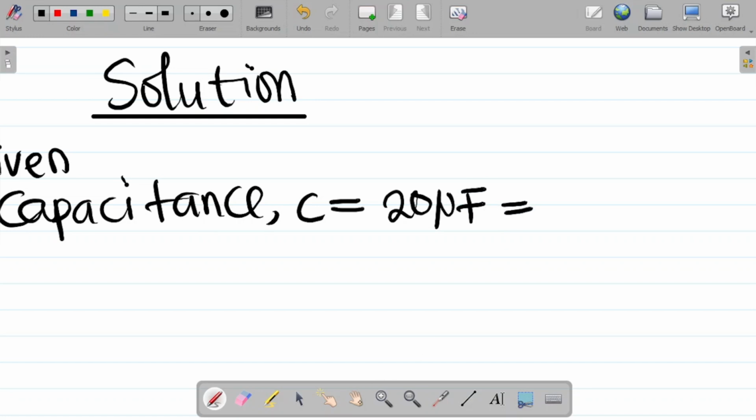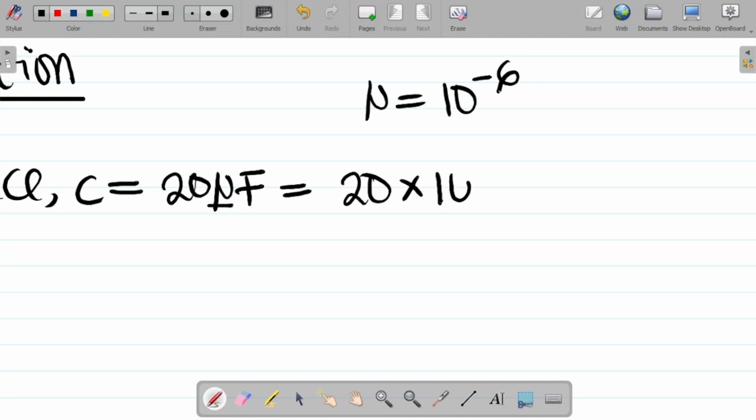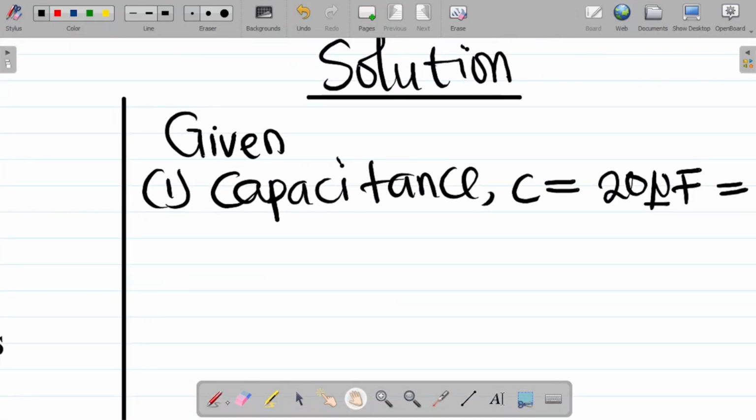Now let's convert this to farad. Note that micro is equal to 10 to the power minus 6. So when you have 20 microfarad, it becomes 20 times 10 to the power minus 6 farad. So the first thing we've gotten there is the capacitance as 20 times 10 to the power minus 6 farad.